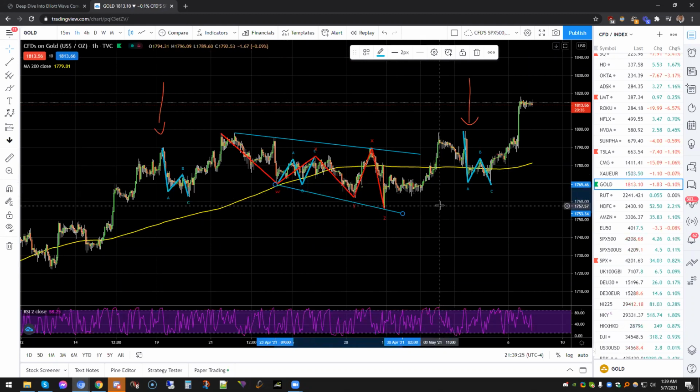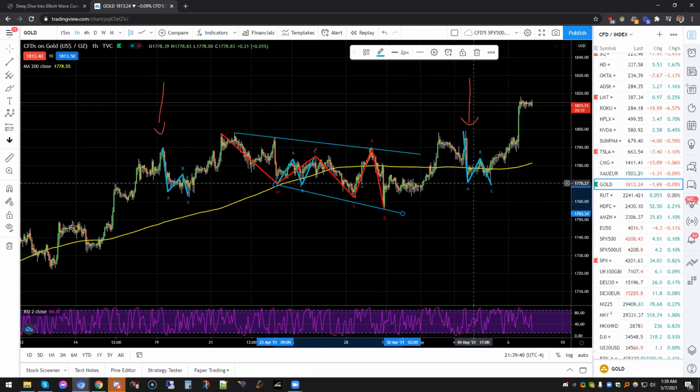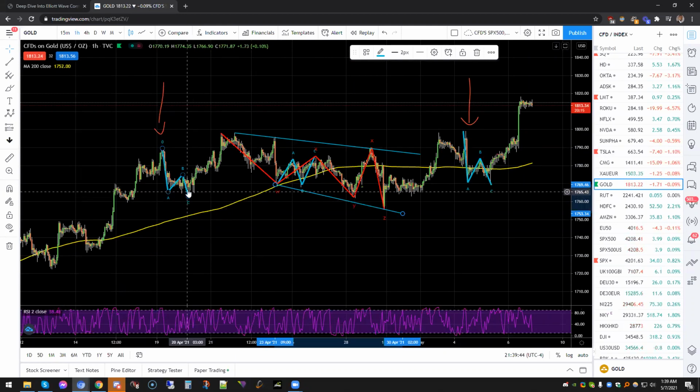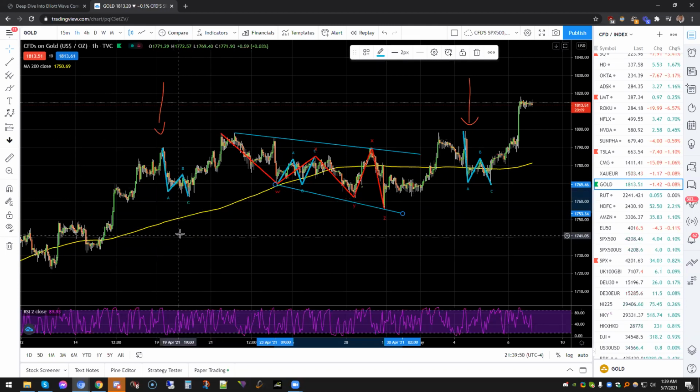If you understand the various pattern formations, you will be able to identify when these waves are going to end. The market typically moves in 3-wave moves and 5-wave moves. So if you see a 3-wave zigzag, then as you can see here, 1, 2, 3, at the end of the 3rd wave, you can expect the price to start going in the opposite direction.